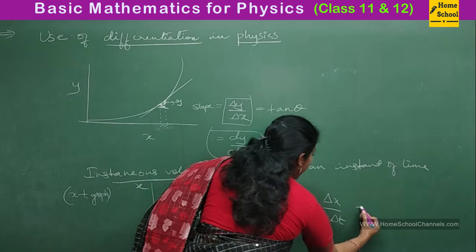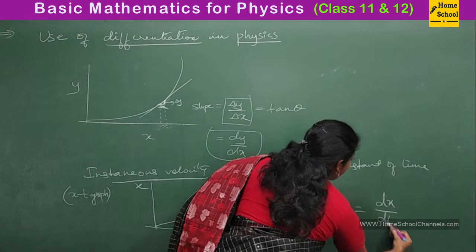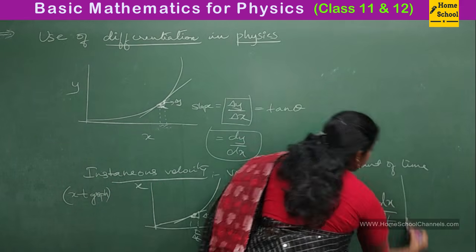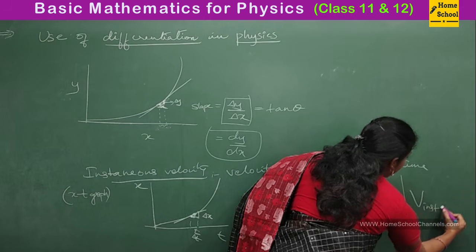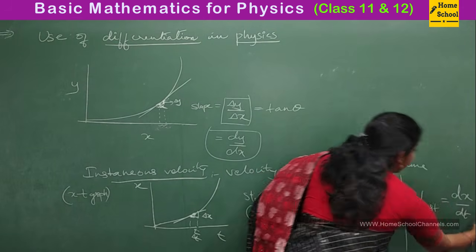We can also write this as dx by dt. So instantaneous velocity can be defined as dx by dt.